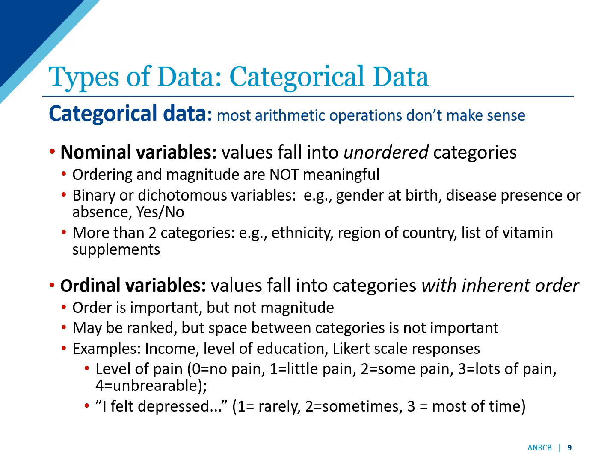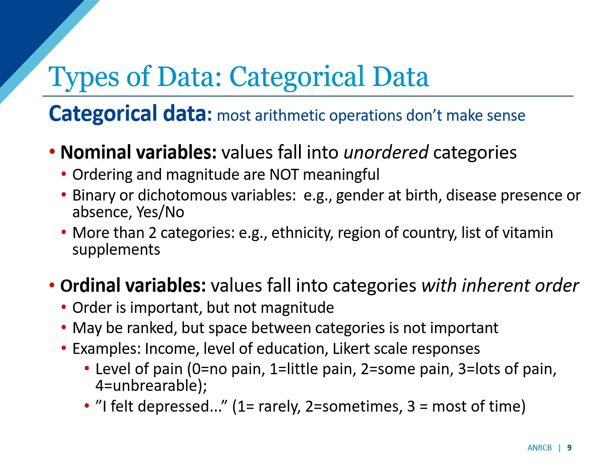Categorical data consists of nominal variables, which are unordered categories in which the ordering and magnitude are not meaningful. Examples include binary or dichotomous variables, such as gender at birth, the presence or absence of a disease, or responses to yes/no questions.